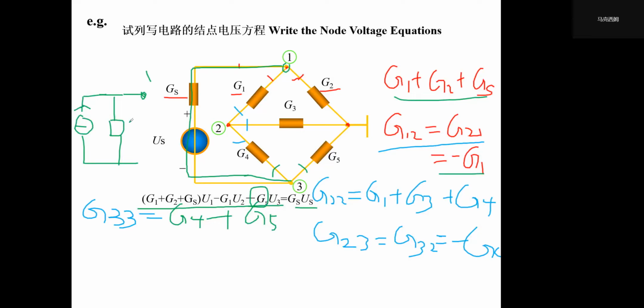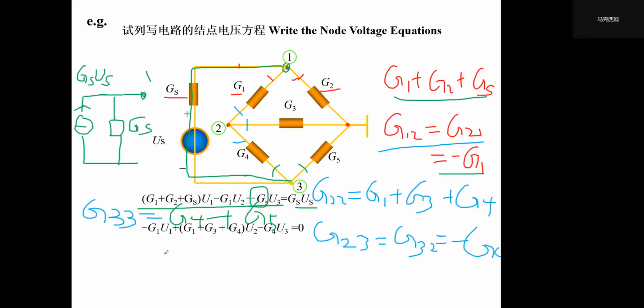This conductance is still GS, it will not change, and the source will have a value of GS times US. So this is for node 1.